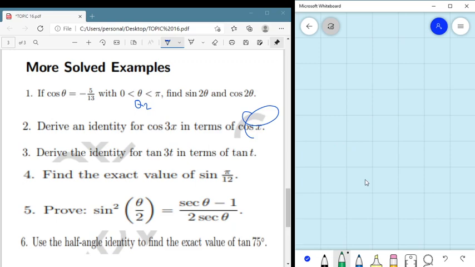Okay, number 3 is we are going to derive an identity for tangent 3t in terms of tangent t. Okay, so tangent 3t is equal to tangent of 2t plus t, which is similar to tangent 2t plus tangent t all over 1 minus tangent 2t tangent t.